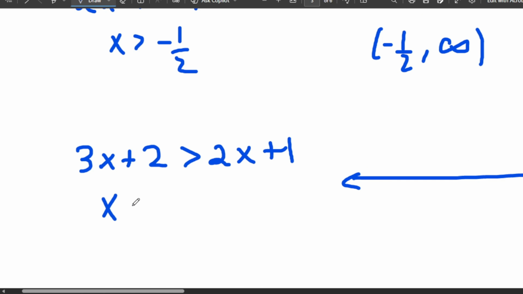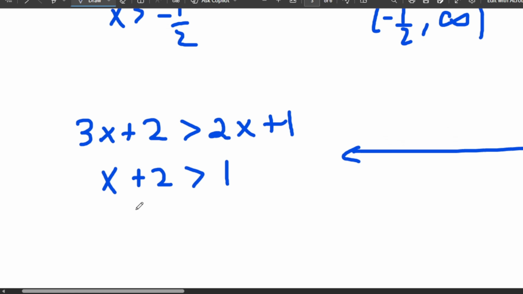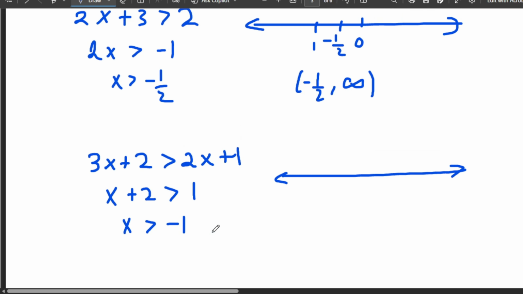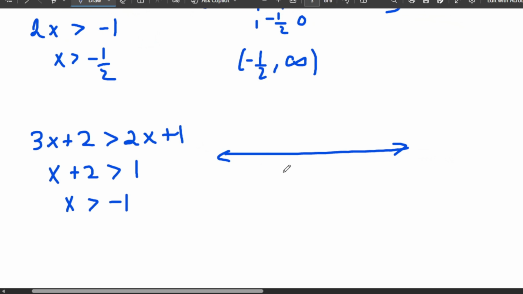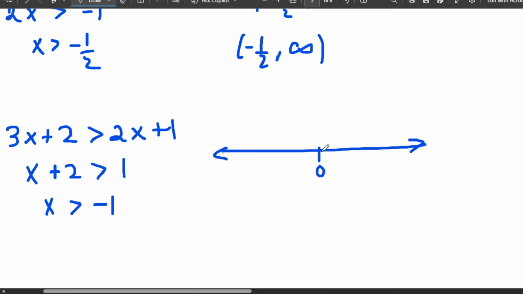We have x plus 2 is greater than 1. So we subtract 2 on both sides, and we have x is greater than negative 1. Okay, so x must be greater than negative 1. On the number line, 0, 1, and negative 1, so it goes to positive infinity with an open bracket.